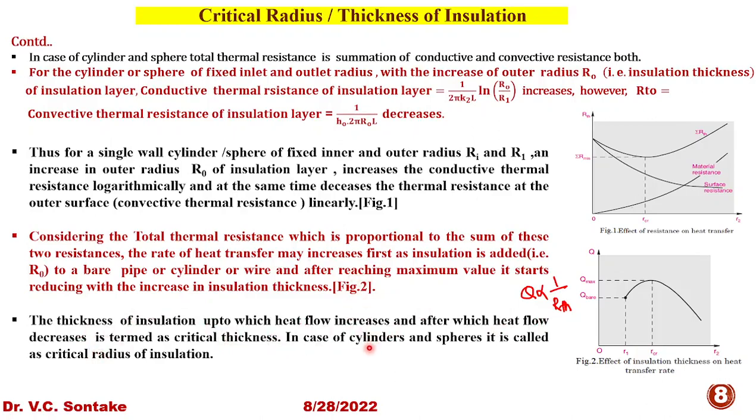And if the body is of the shape of cylinders and spheres, this critical thickness is called the critical radius of insulation. From this entire discussion, we have got one very important term called critical radius. It is the radius of the insulation at which heat transfer rate is maximum, below which heat transfer rate will increase, and beyond which heat transfer rate will decrease.